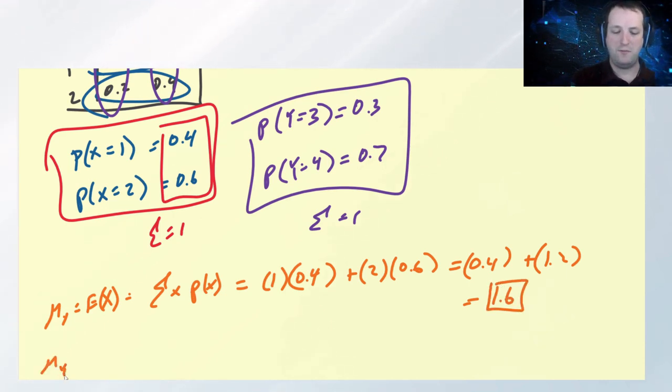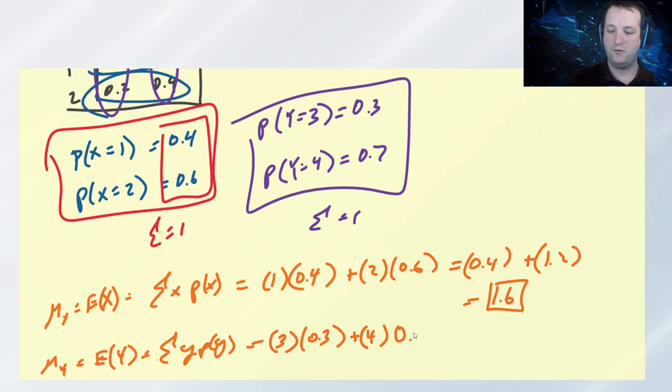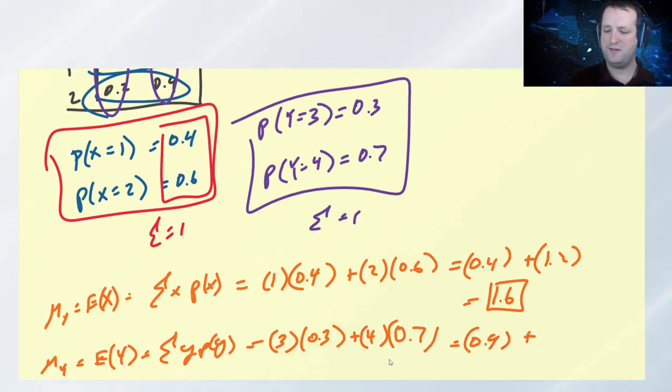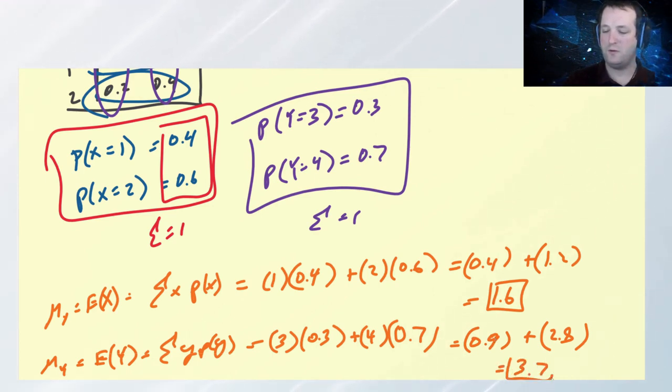Similarly, the mean of y, or the expected value of y, is the sum of the y values times p of y. That's 3 times 0.3 plus 4 times 0.7, which is 0.9 plus 2.8. When I add those together, I get 3.7. Okay? So those are the mean of x and the mean of y.